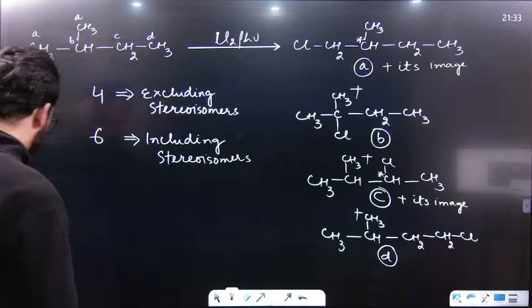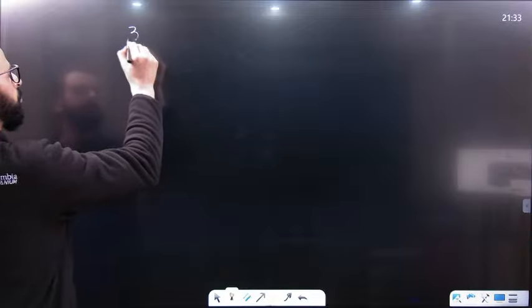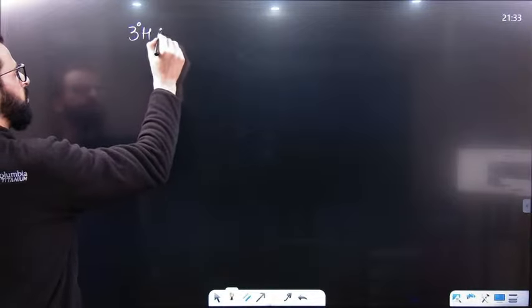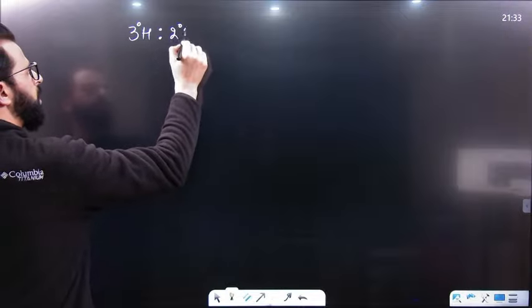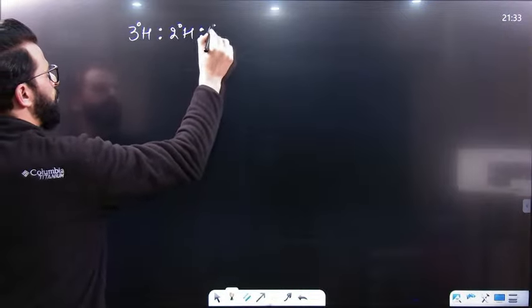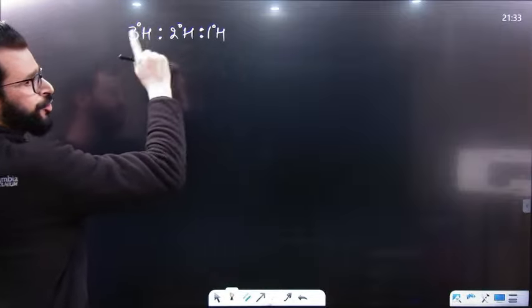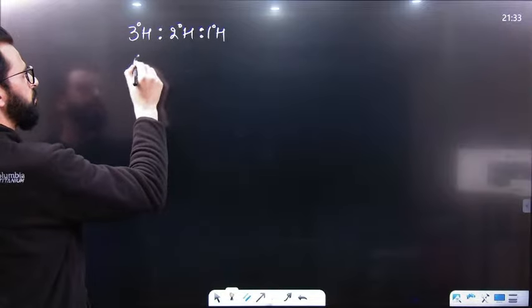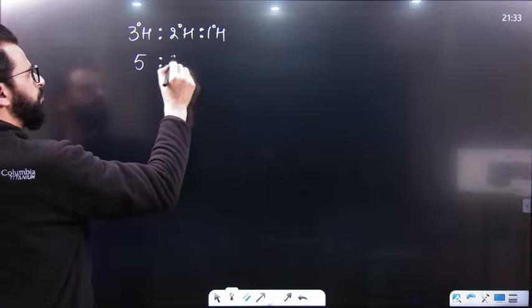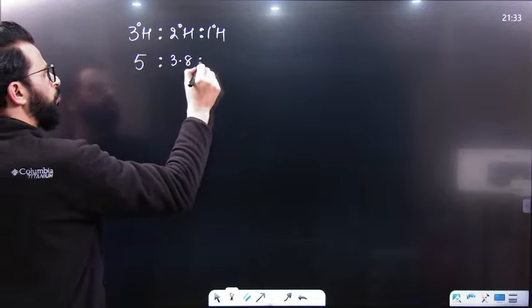After that, you must know this one. Tertiary hydrogen is more reactive than 2 degree. 2 degree hydrogen is more reactive than 1 degree. We know that. But what is their relative reactivity? Relative reactivity is like this: 5 is to 3.8 is to 1.